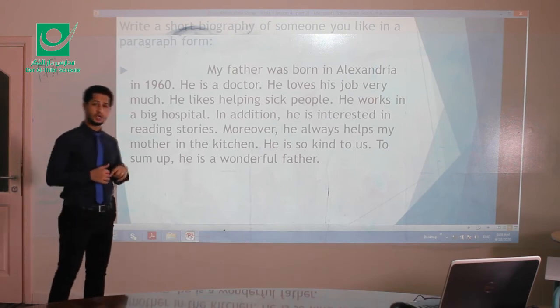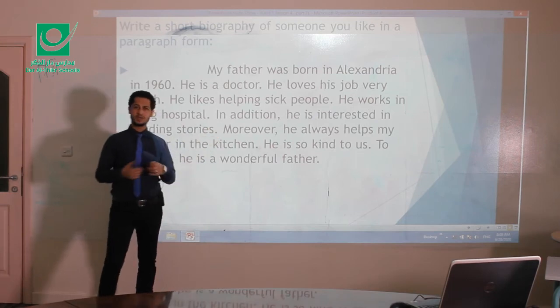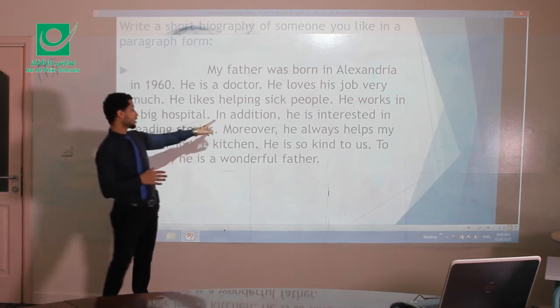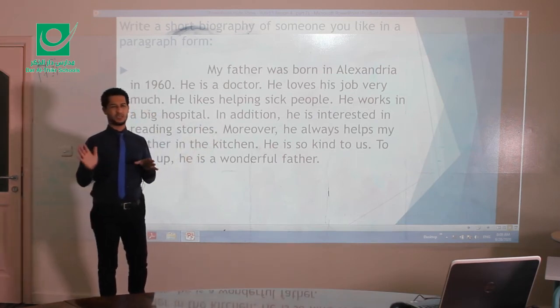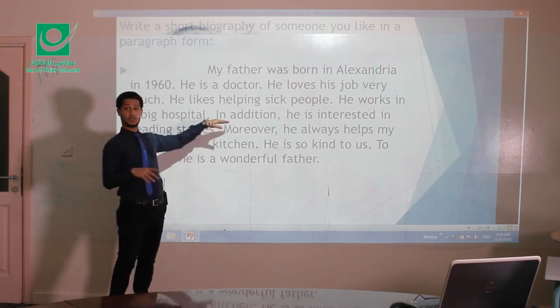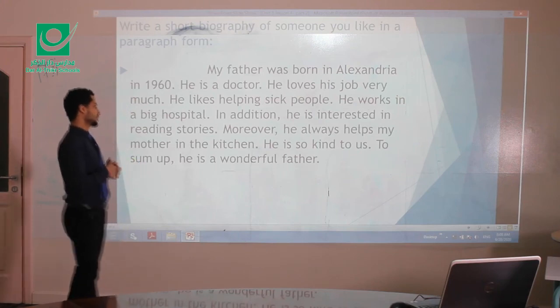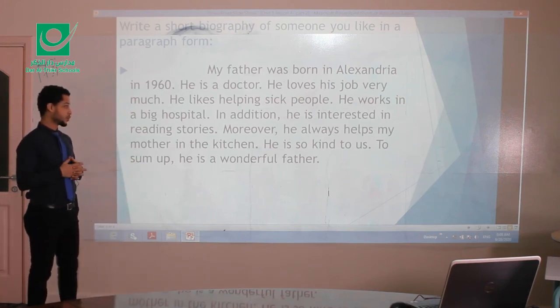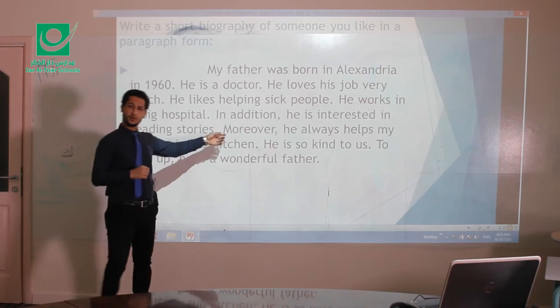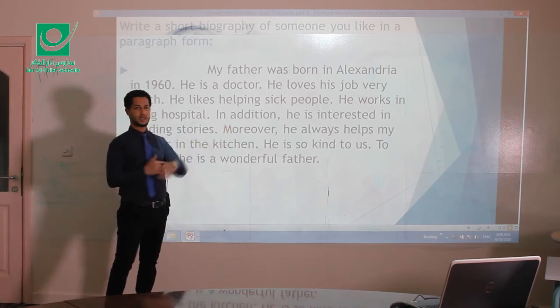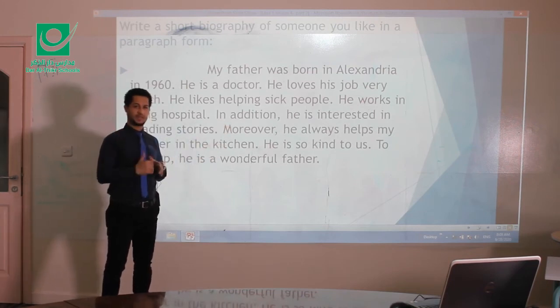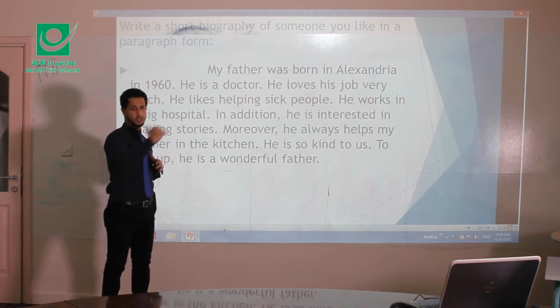In addition, what is the meaning of in addition? In addition means and. But in the beginning of a sentence, we don't say and. It's not good. We can say in addition. It's amazing, okay? In addition, he's interested in reading stories. Moreover, what is the meaning of moreover? Exactly like in addition. It means and. But we can't repeat in addition, okay?